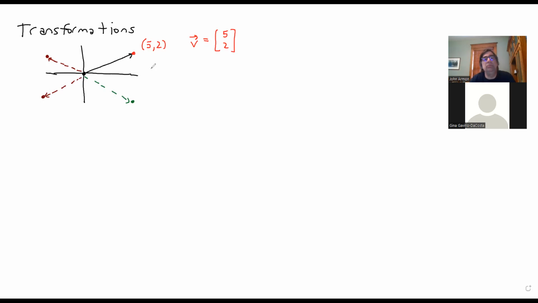With this example, we can make predictions as to what these coordinates are going to be. So this one here, if we take the graph and flip it over the x-axis, we think about what's going to change, what's going to stay the same. Your x coordinate should stay the same. Your y coordinate, however, goes from 2 down to -2. So we talk about this as a transformation of the original vector. If you flip it over the y-axis, think about once again what changes, what stays the same.